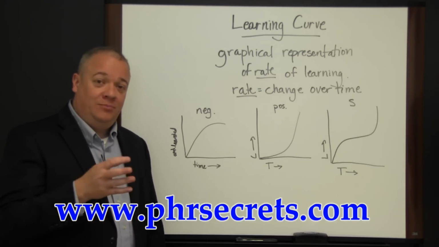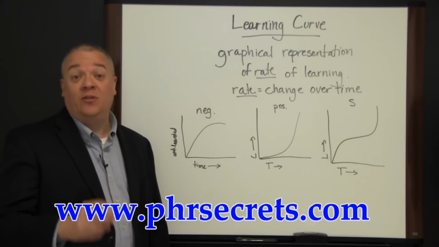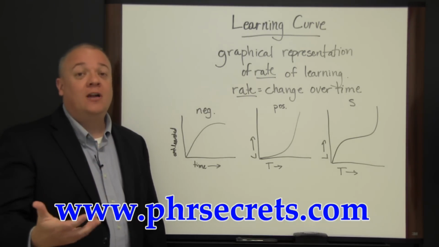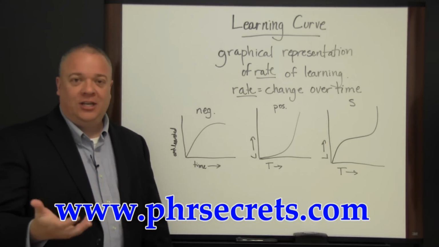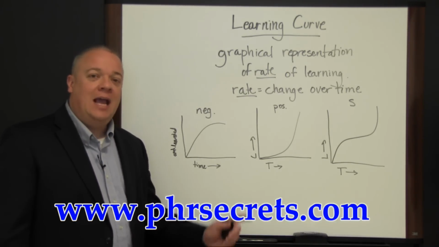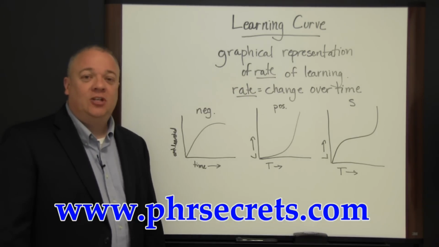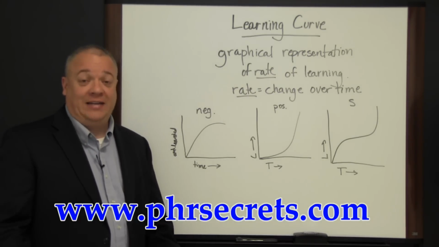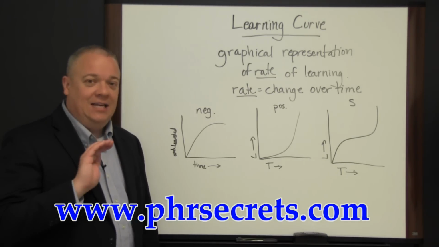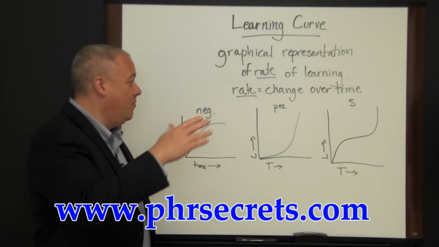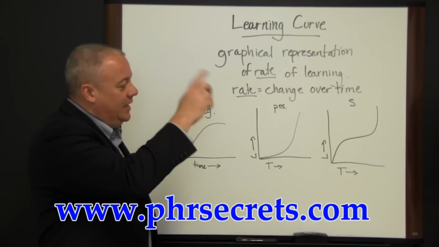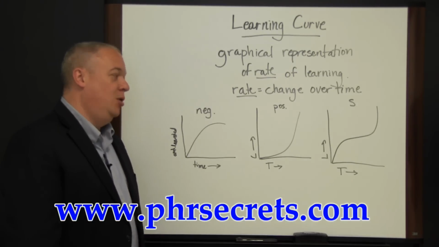Or are there perhaps negative materials, negative environment, or negative instruction that is retarding or lessening the amount of education or learning that is going on? So it's a helpful diagnostic tool to determine whether or not things are being effective in the way they're used. Negatively accelerating ones downward, positively accelerating ones up, and then the S-curve incorporating both.